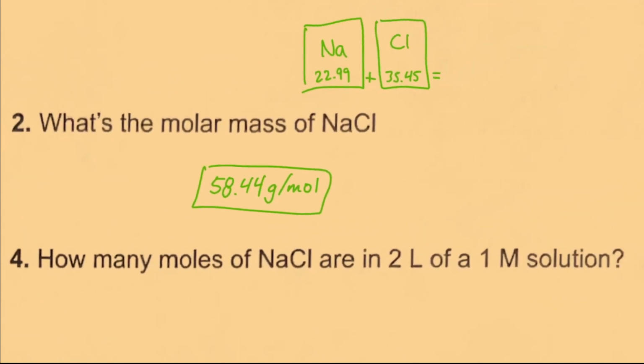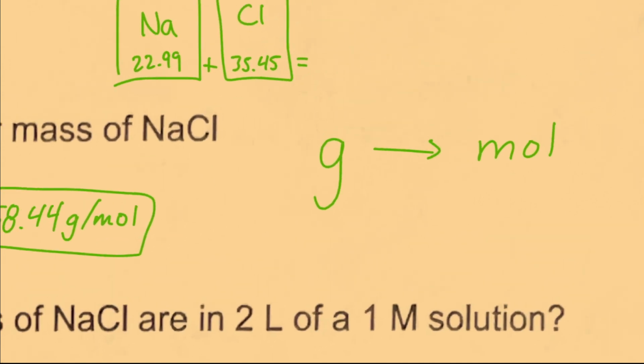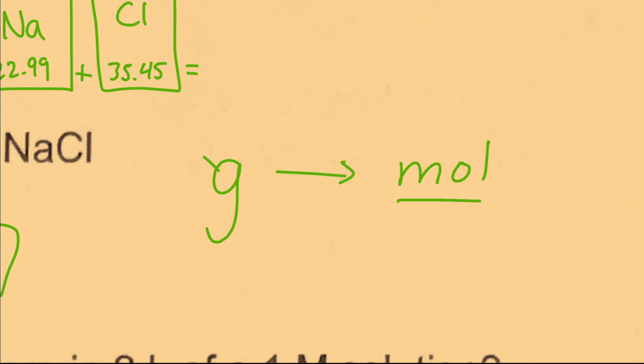We use molar mass, by the way, to convert between grams and moles. So if I'm given an amount of a substance in grams and I want to do molarity calculations with it, in order to plug that amount into any of my molarity formulas, it's got to be in moles, not grams.